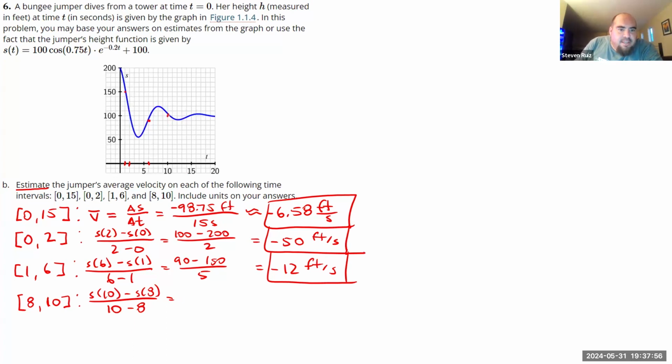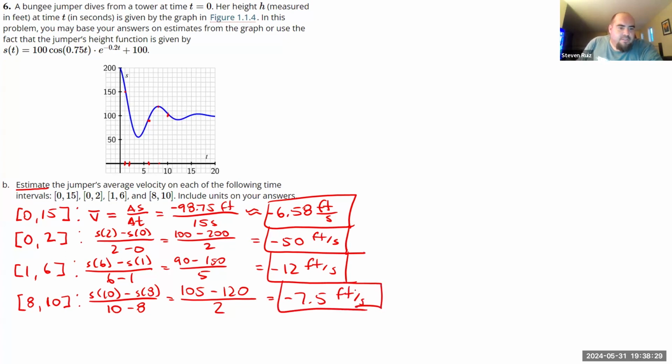So at t equals 10, I'm going to say about 105 minus S of 8, which is going to be about 120. So 105 minus 120 over 2. That'll be negative 15 over 2, so negative 7.5 feet per second.